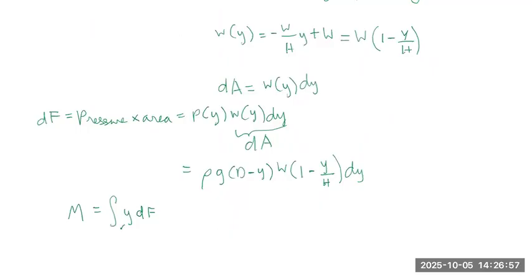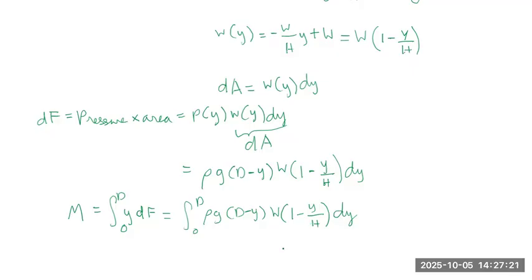So integrate from 0 to d of y df, and this will give us the integral from 0 to d of rho g (d minus y) w (1 minus y over h) dy.